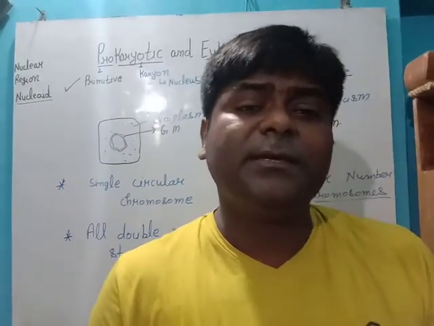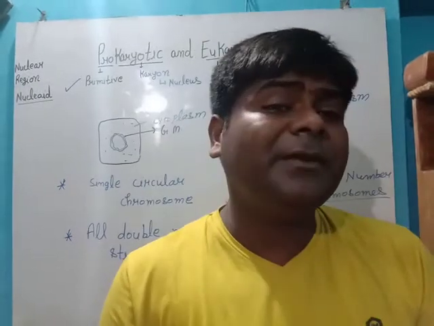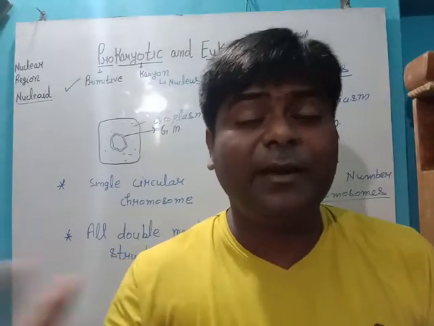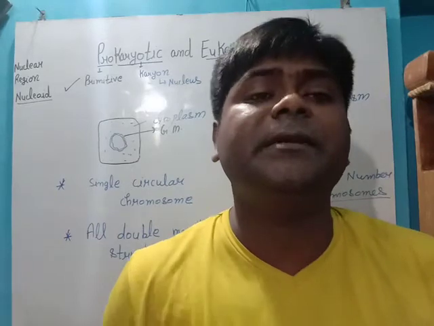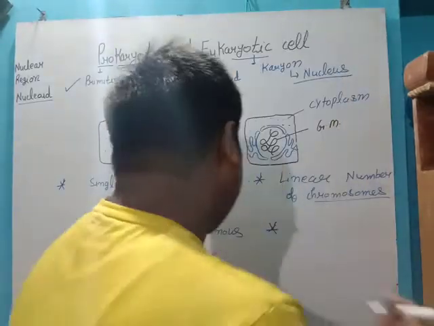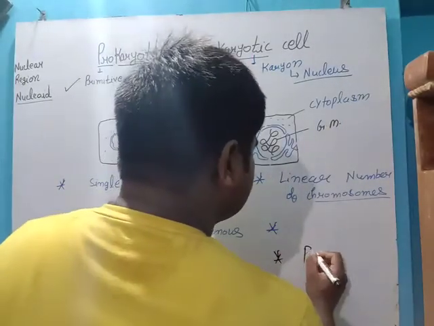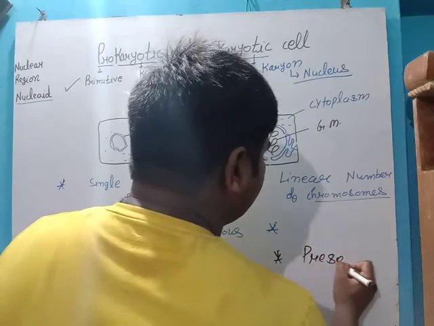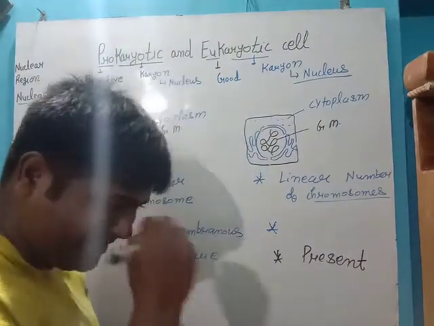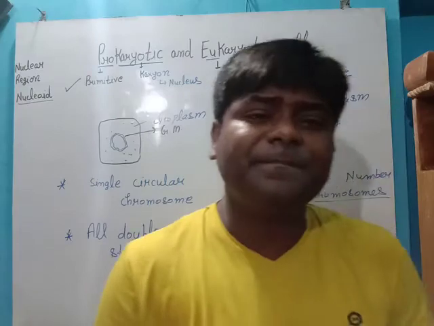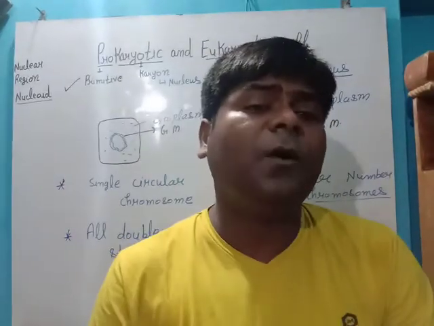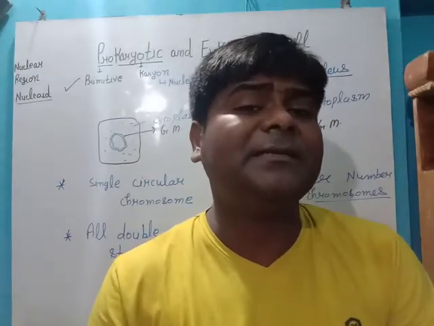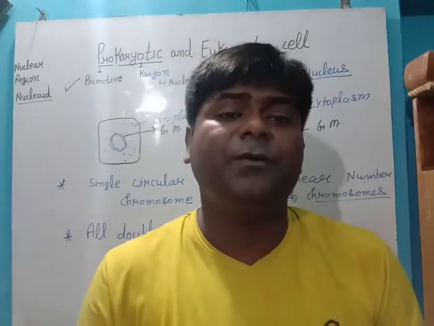It means cell organelles are completely absent in prokaryotes. And in eukaryotes, all double membranous structures are present. It means all cell organelles are present in eukaryotes.